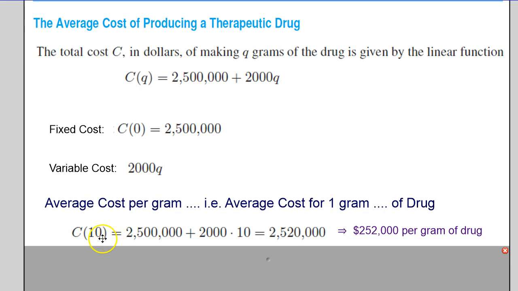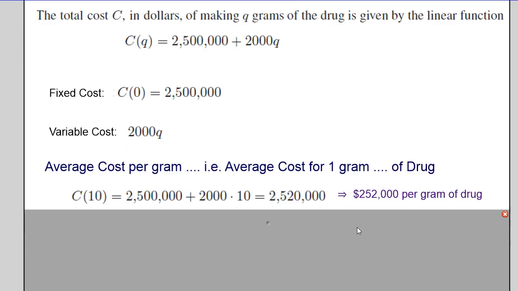If I want to figure out the total cost for 10 grams, I plug 10 in for my value and I get $2.52 million. But how much does that cost per 1 gram of the drug? Well, I divide it by 10 grams and I get $252,000 per gram of drug.